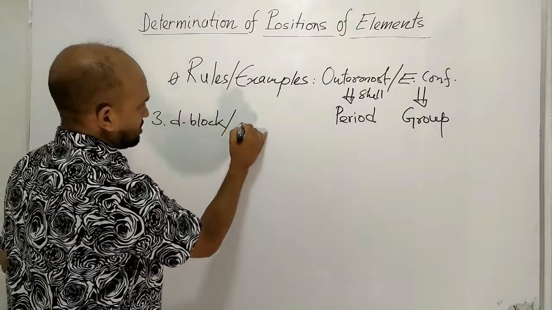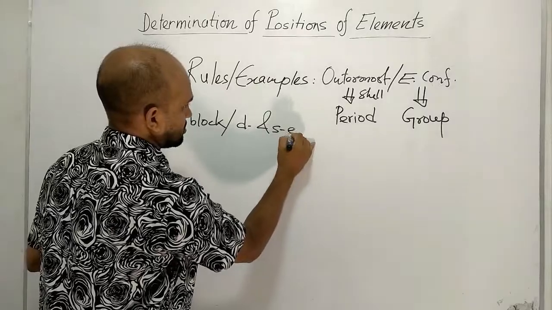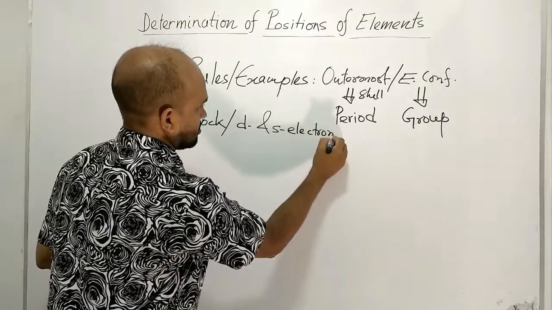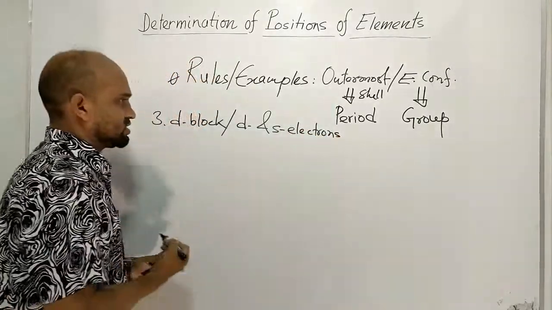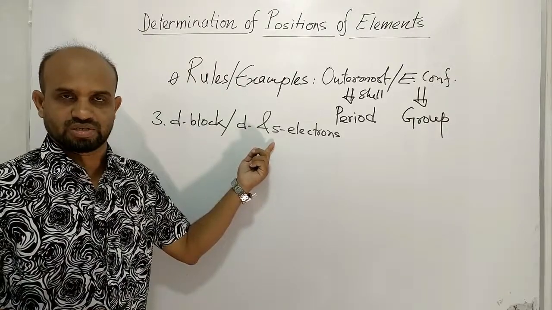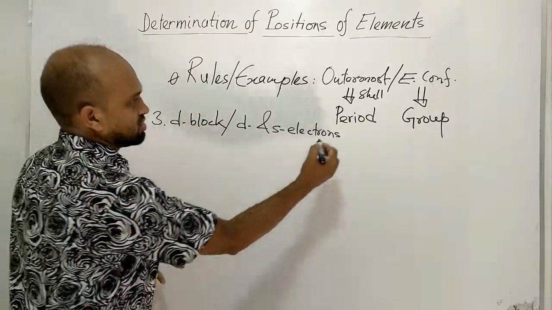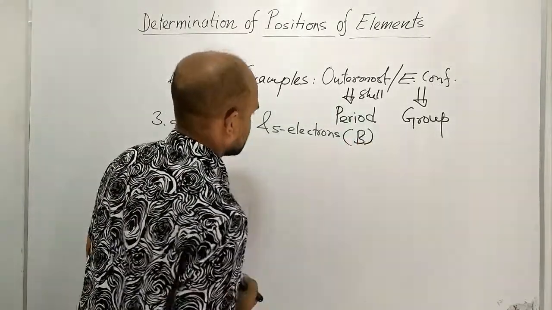Here d and s electrons will determine the column of the d block elements. D block elements always belong to the B subgroup.